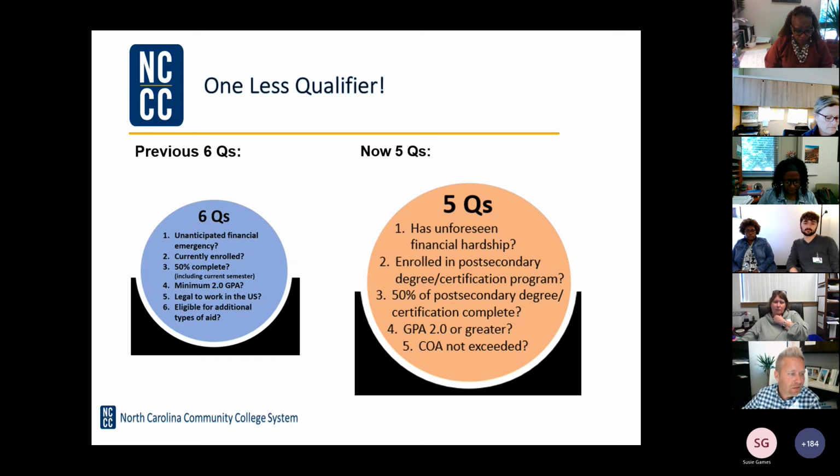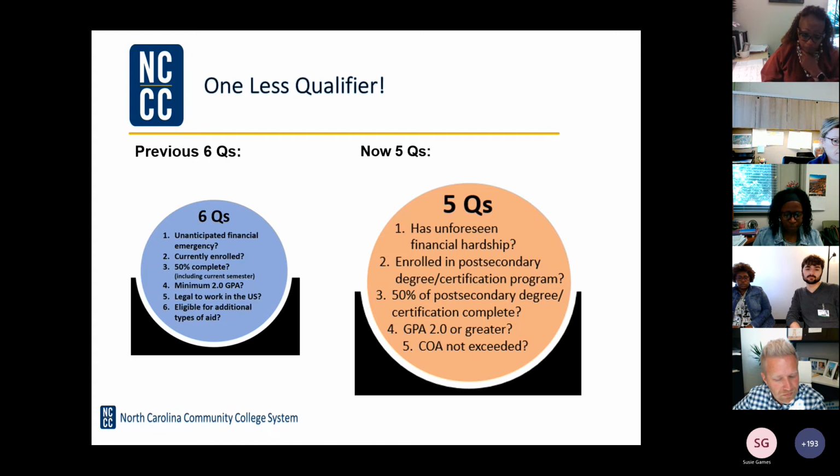Third, 50% of that degree. We will come back around to that as far as dual enrolled as well as far as 2 majors. The GPA 2.0 or greater, that includes transfer students, we will cover that. And cost of assistance not exceeded, excuse me.